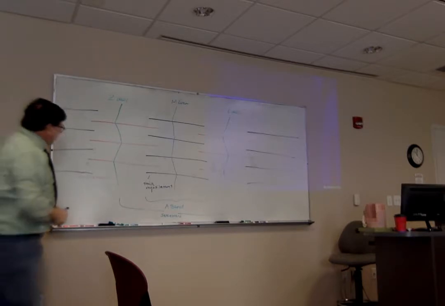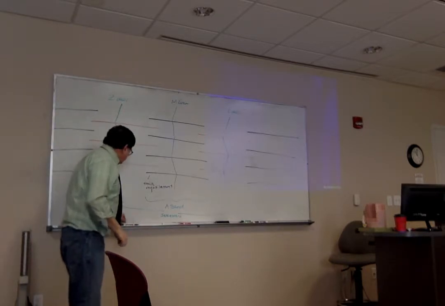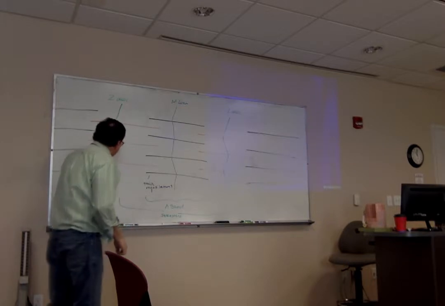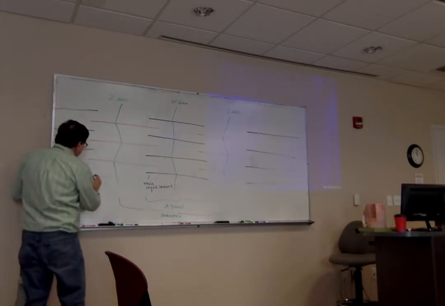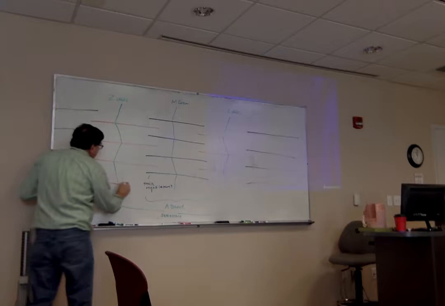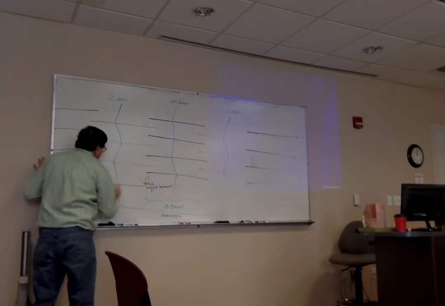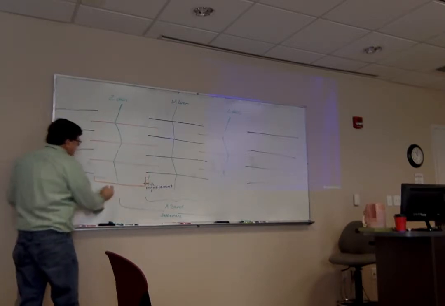Now, this zone here that's composed only of thin filaments is called the I band.